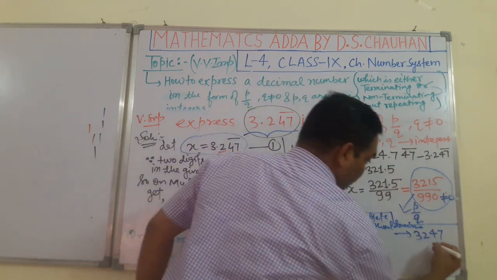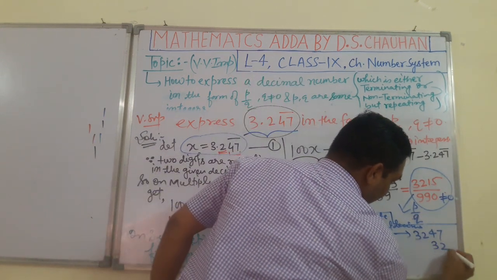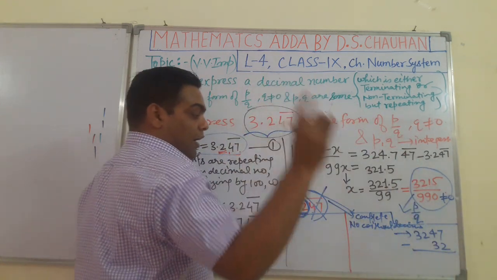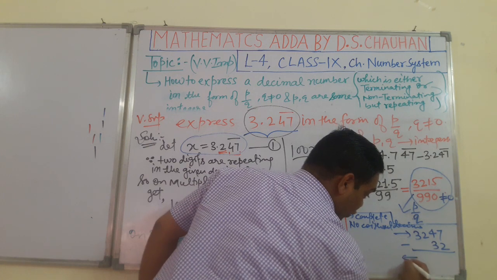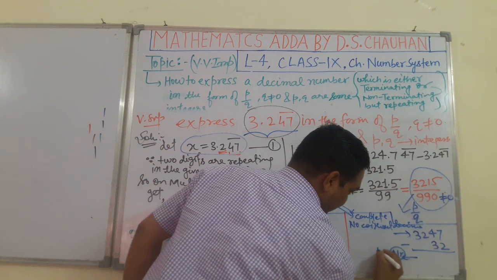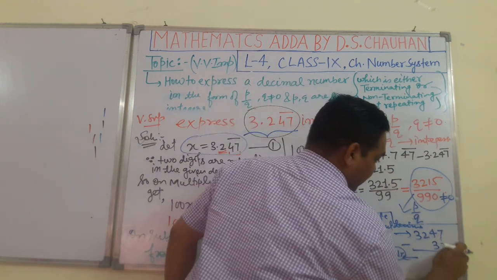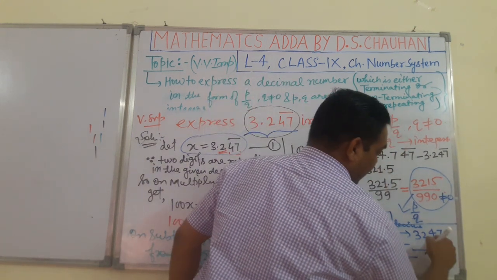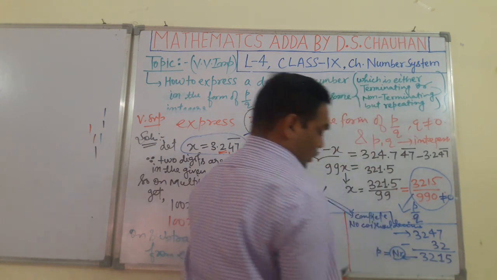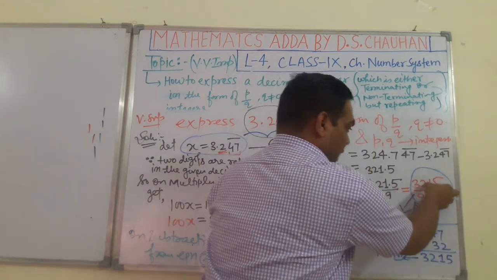This is 32. You have to subtract it from here. Whatever comes in the numerator will take the place of P. Subtract, what will you get? 7 minus 2, you will get 5. Here 4 minus 3 is 1, and this is 3215. You look here, 3215.